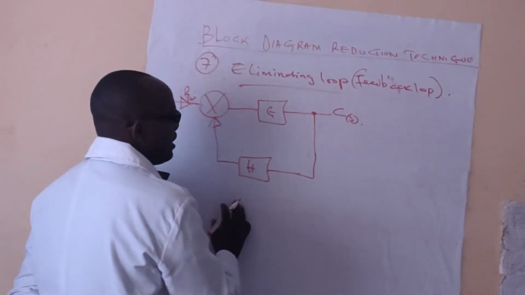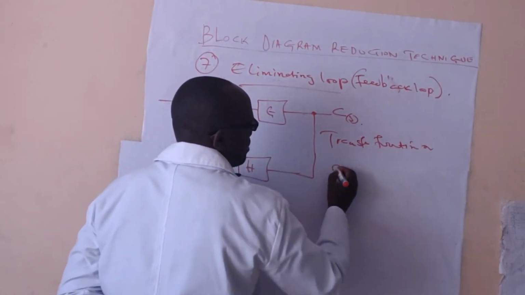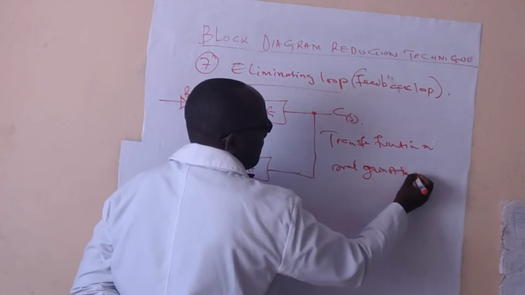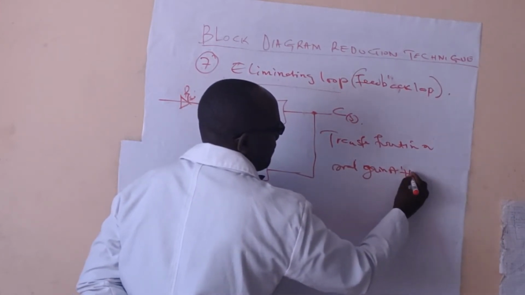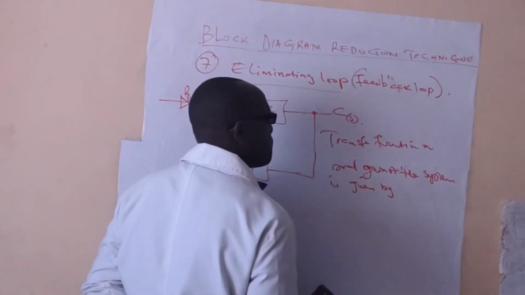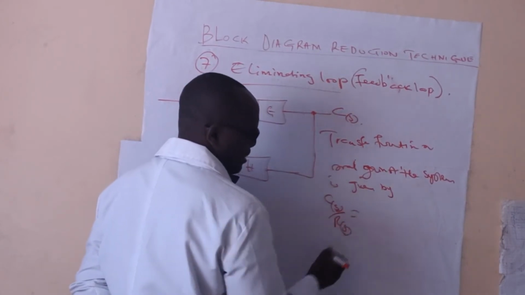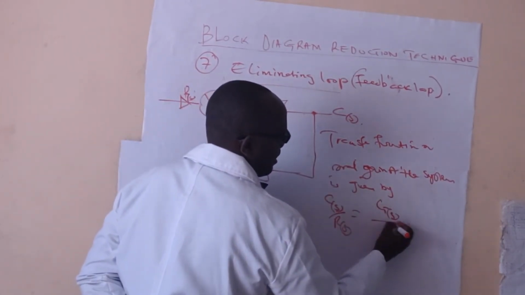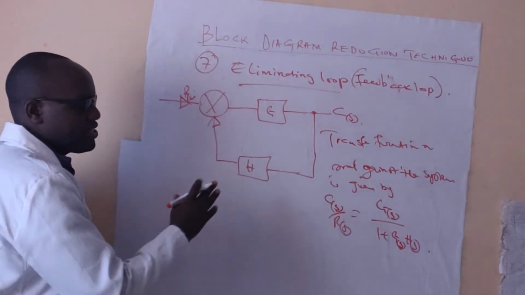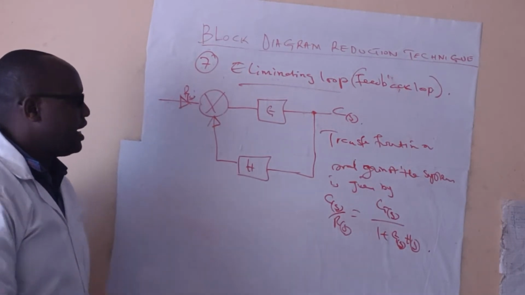The transfer function, or overall gain, of the system, C over R, is always given by G all over 1 plus G times H. Based on that formula, we shall be able to reduce that feedback loop.